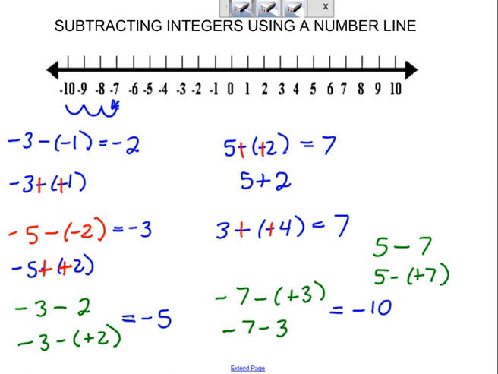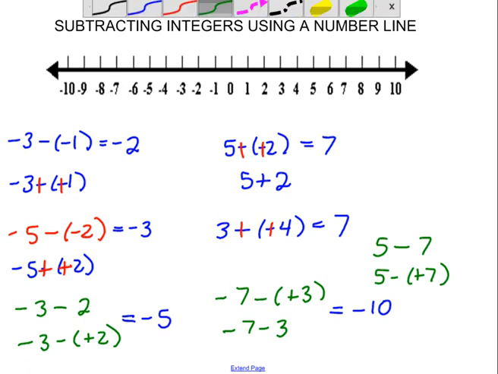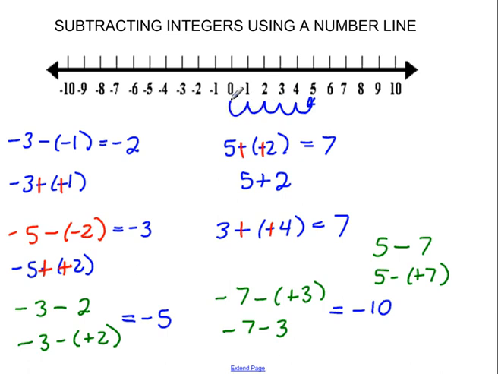For this one, I'm going to start at 5. Because I'm subtracting something positive, I'm going to move to the left. 1, 2, 3, 4, 5, 6, 7. I'm going to end up at negative 2. So hopefully that makes it maybe a little bit easier. You can see how you could use a number line to help you.